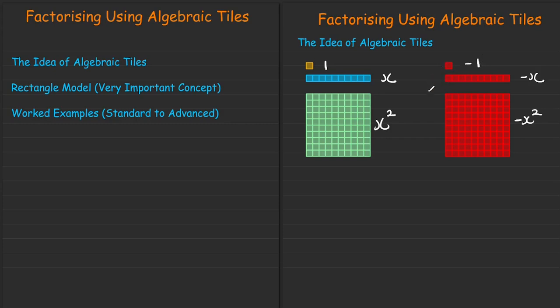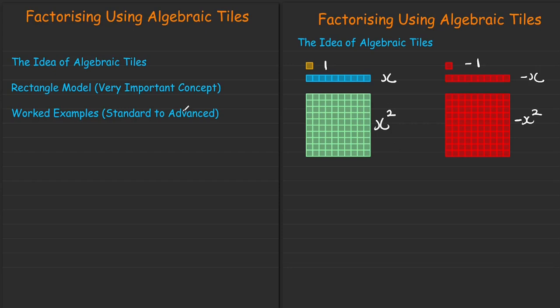Those are the representations of the algebraic tiles. The main aim of this type of solution is to arrange the tiles into a very big rectangle, where the width and the length of the rectangle would be the factors that you seek, that is, the factors of the trinomial.